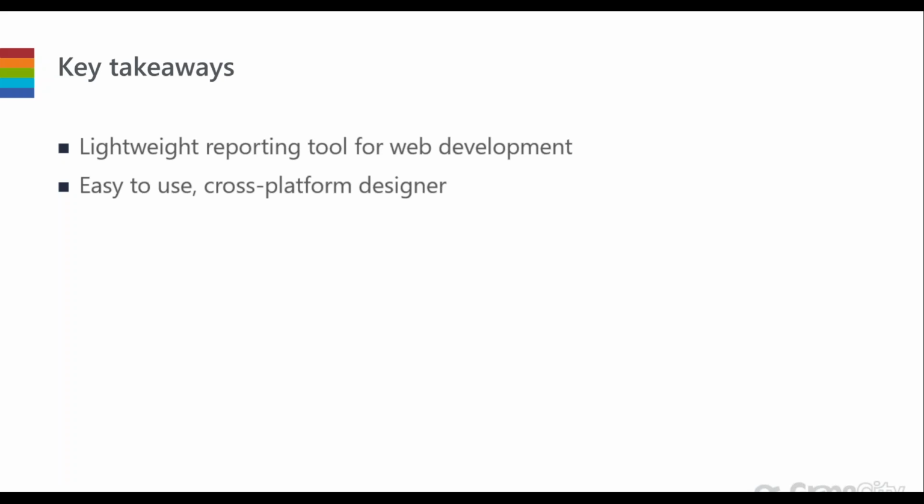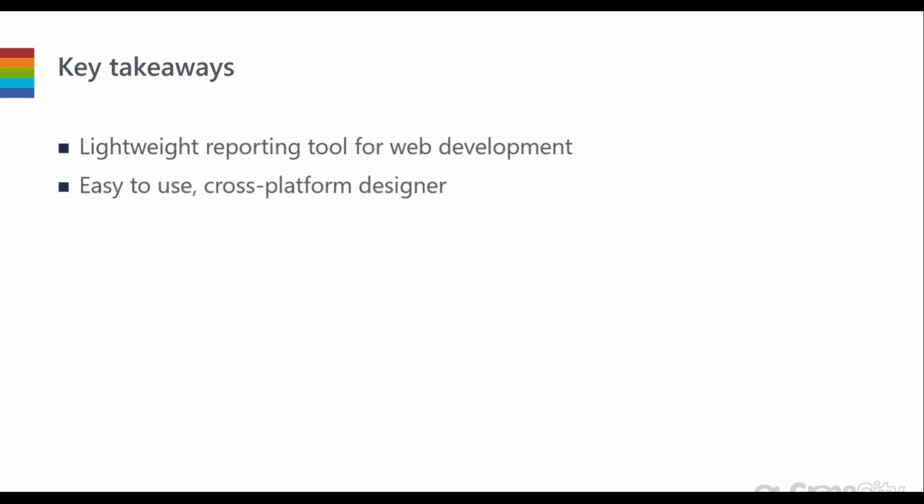And we highlighted some of the features of the designer and some of the report controls within the designer, like grouping and sorting. We also talked about exporting as well. So there are many other report controls that you can take advantage of in the designer, including charts, barcodes, images.